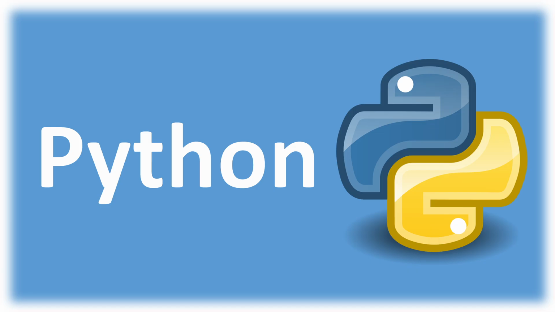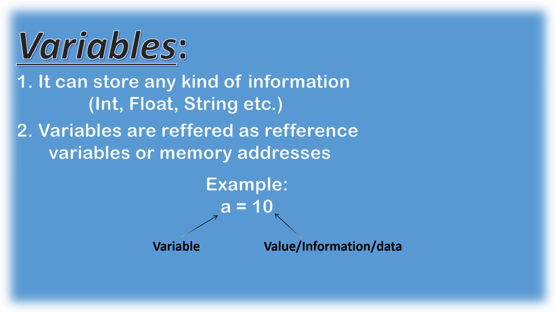So now we are going to learn about variables and data types. Okay, so let's get started. What is a variable? A variable can store any kind of information in the form of integer, float, string, etc. Variables are referred to as reference variables or memory addresses.